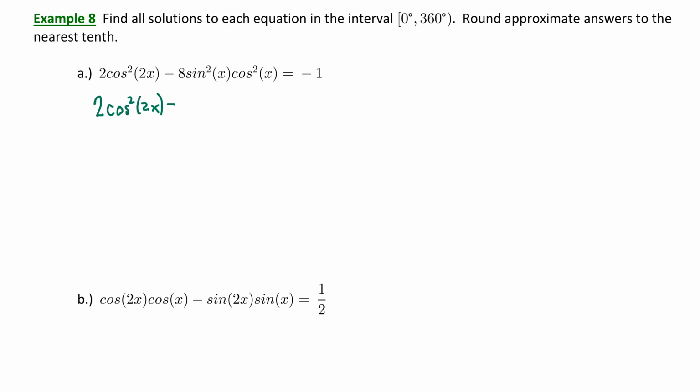But what I'm going to notice here is that this middle term has something that resembles the double angle identity for sine. Recall that 2 times sine of x times cosine of x is sine of 2x. So I can recognize that as a factor here. But both the sine and the cosine are squared in the original equation.